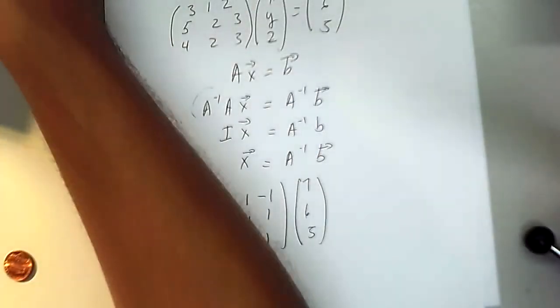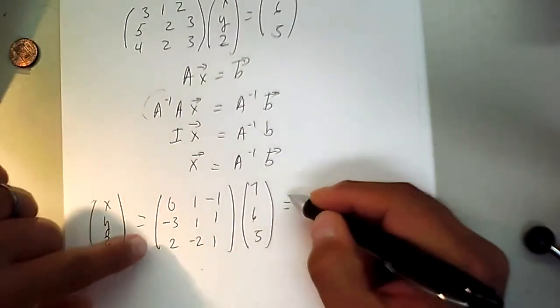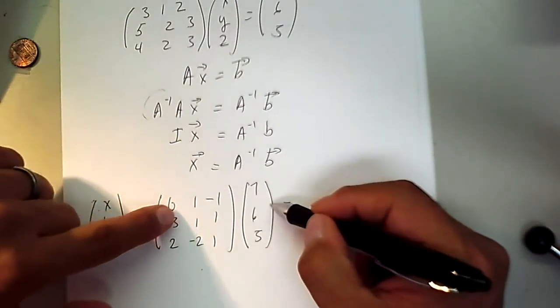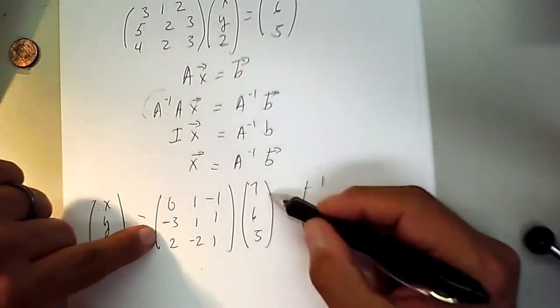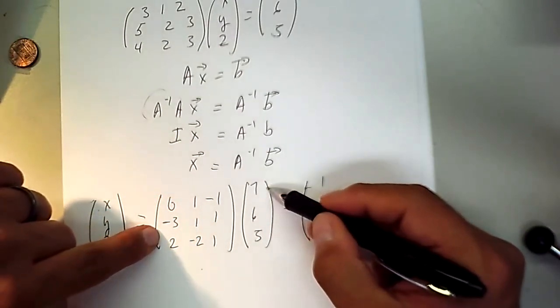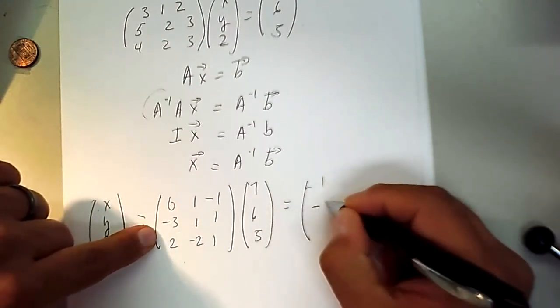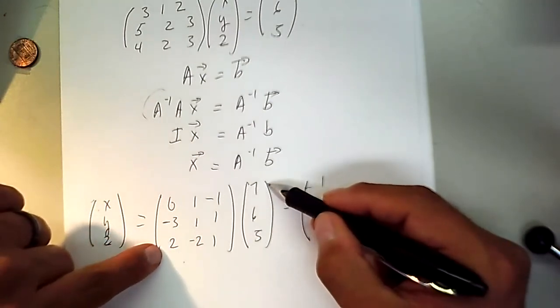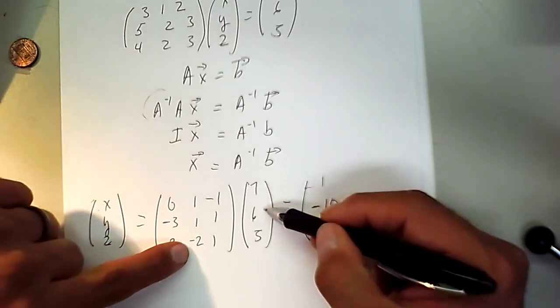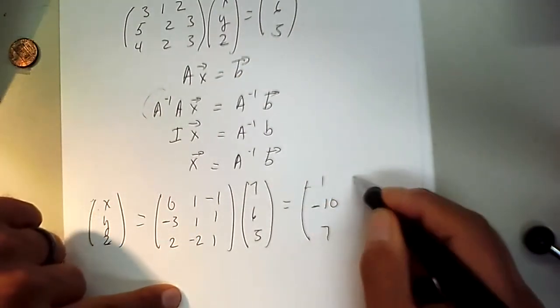Okay. So let's just make sure. Well, 6 minus 5, 1. Okay. -21 and 11, that looks like -10. And 14 minus 12 is 2, plus 5, 7.